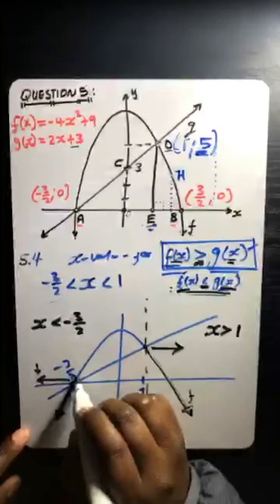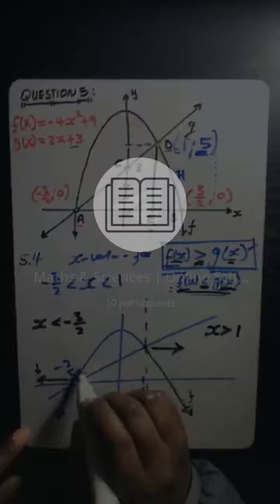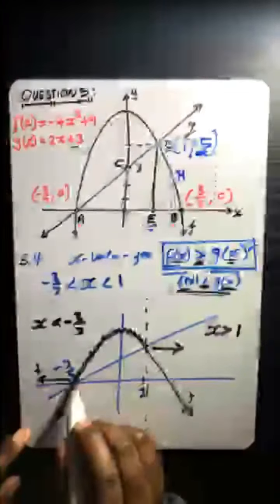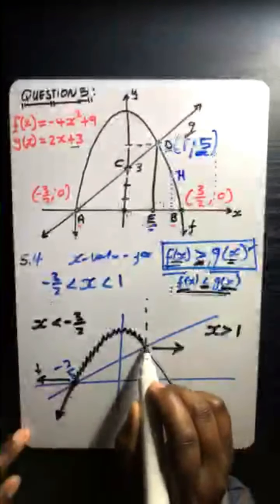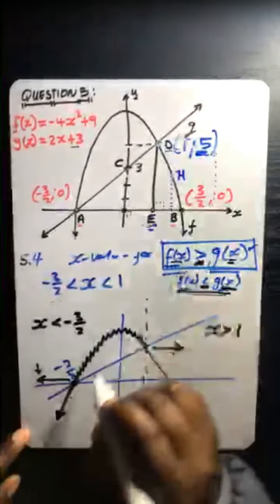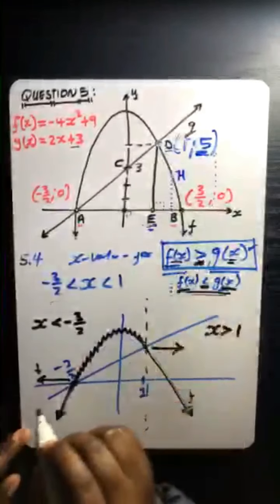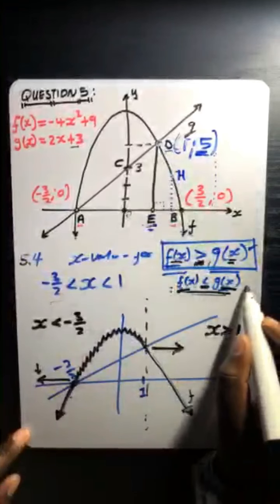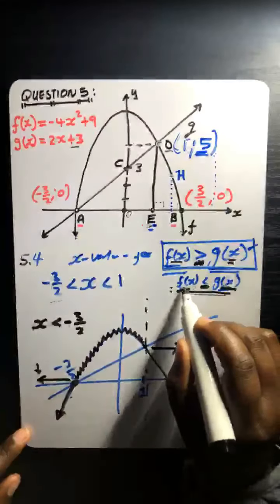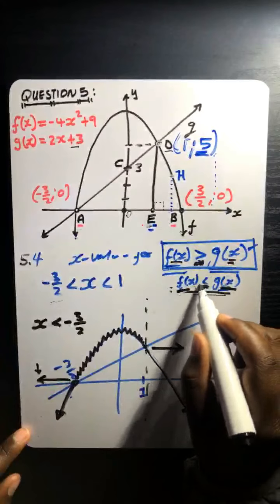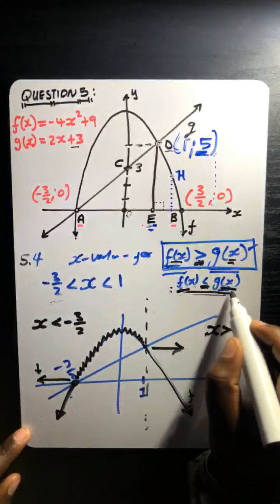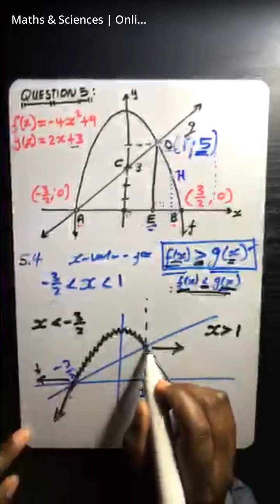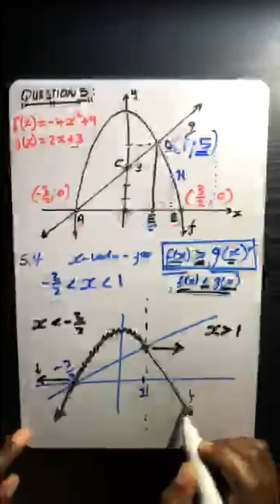So between this point and that point, you have the graph of f above that straight line. But for this one, they're asking between which values of x you have f of x being less than, or below, that. Obviously it is from there in that direction up to infinity, and from there in that direction up to infinity.